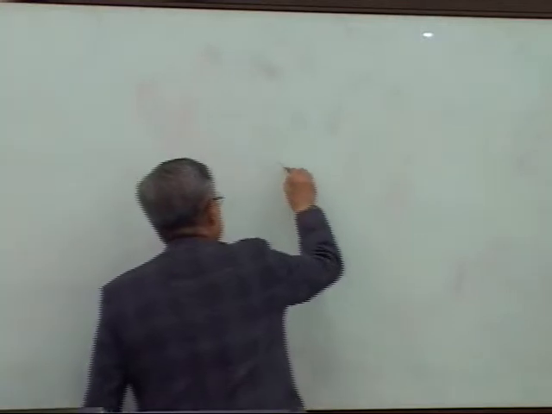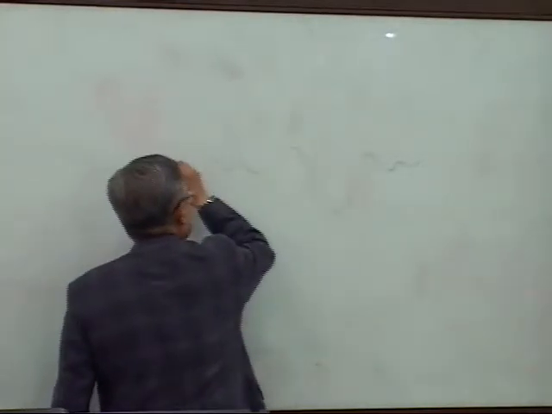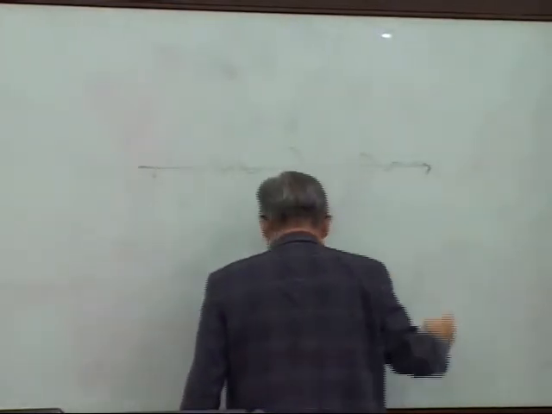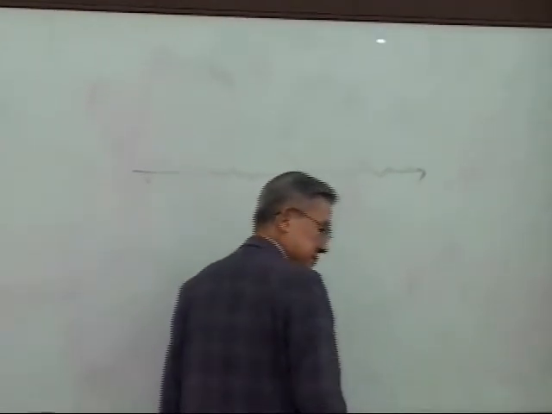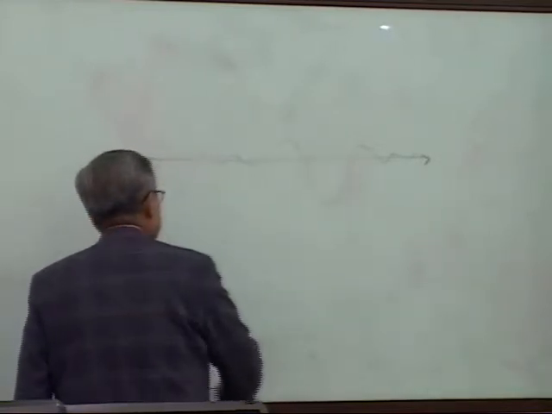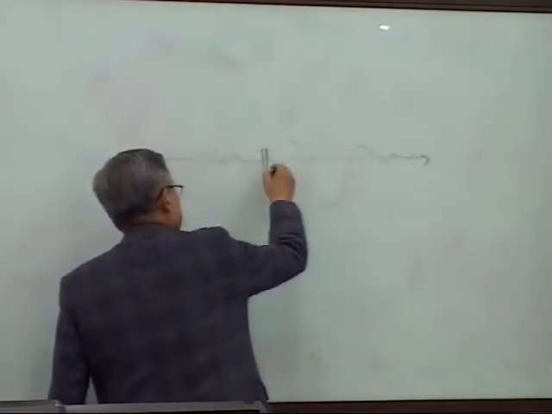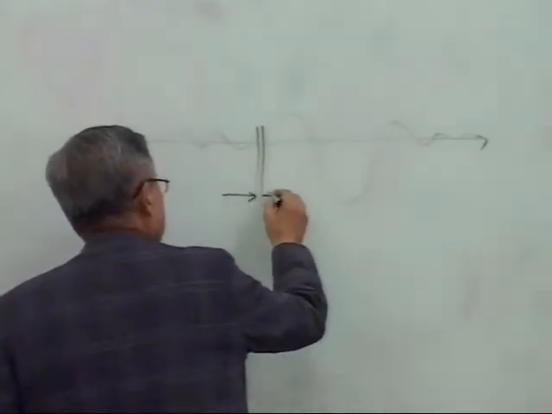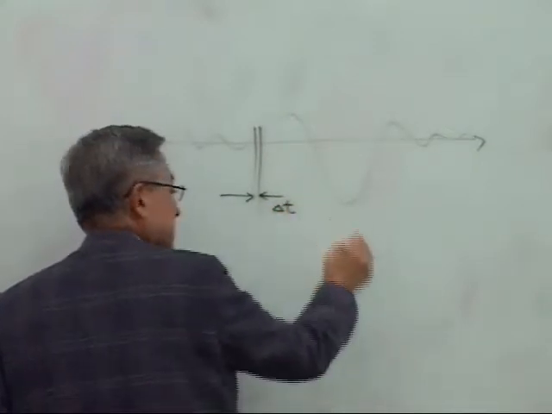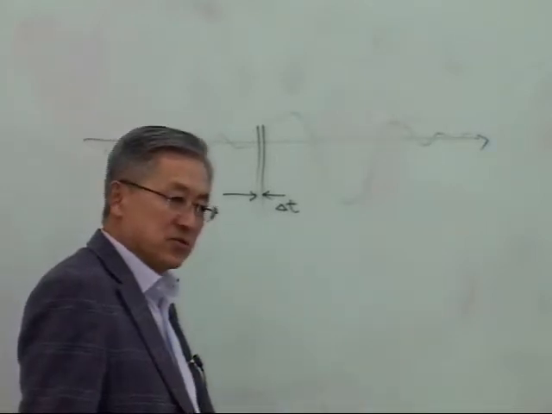This is analog data. When you digitize it, you have to know delta t. You have to know delta t to digitize it.